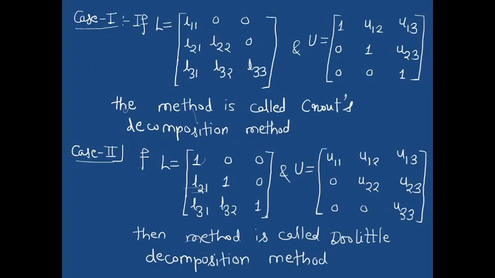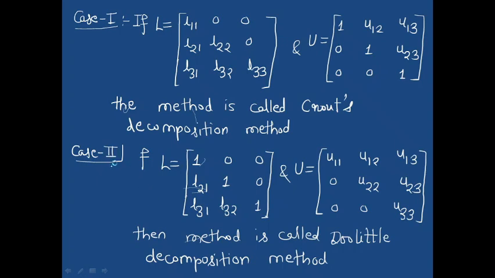For example, if the upper triangular matrix contains diagonal elements as 1, then the decomposition method is called Crout's decomposition method, which we want to study now in this video lecture.